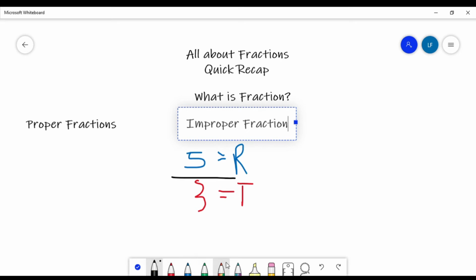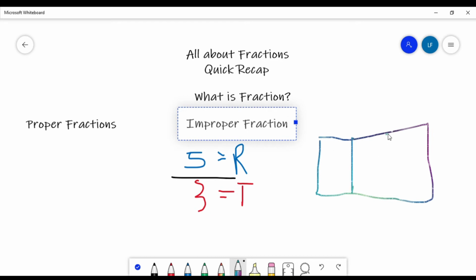Let's imagine a Milky Way galaxy chocolate bar. Now let's imagine in this scenario 1, 2, 3 pieces. This is the total amount of pieces, but out of which you have eaten 5 pieces, which means that there are two other pieces unaccounted for. So that's why they're improper.